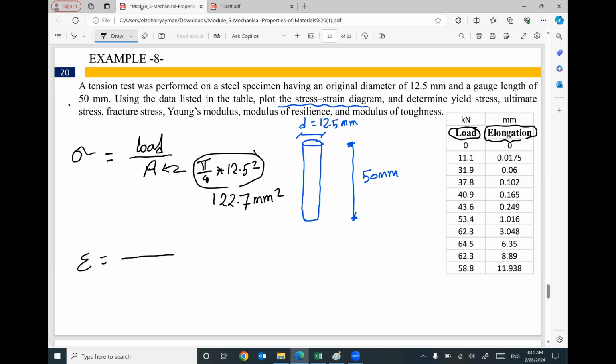Keep in your mind, I'm going to convert the elongation value to strain. This strain equal the elongation value in millimeter divided by the original length of the specimen. This original length equal 50 millimeter. Once you converted the recorded data to strain and stress, I can start to draw the typical relationship between the two values.